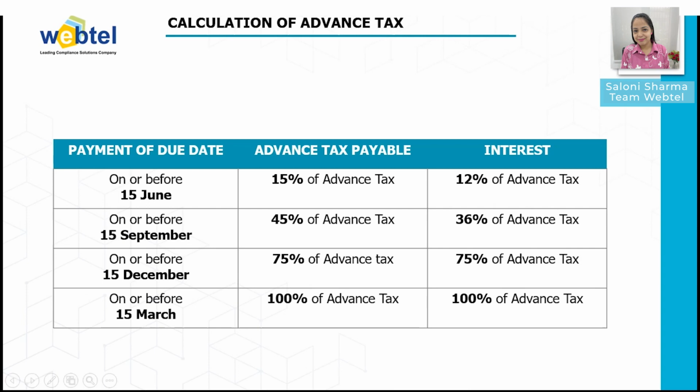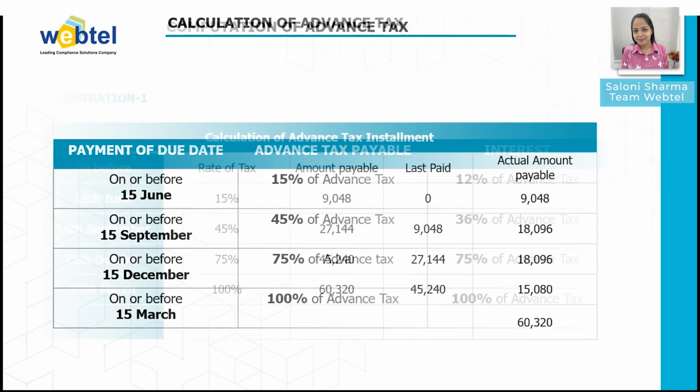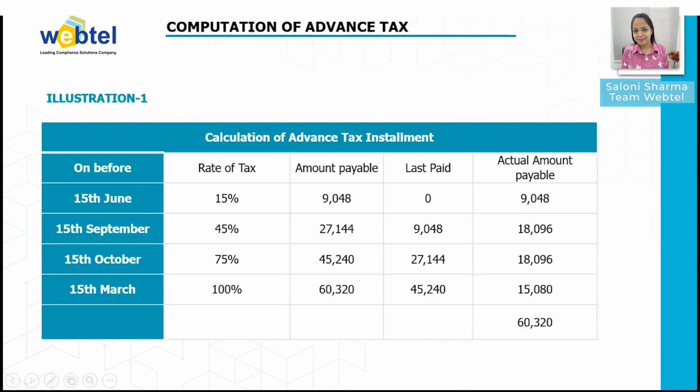And in the third installment, you need to pay 75% of the advance tax, and the interest would also be calculated at the rate of 75%. And if you pay the installment on or before 15th of March, then you need to pay 100% of your taxes as an advance tax, and the interest at the rate of 100% would be calculated on your advance taxes. Let's take our example.